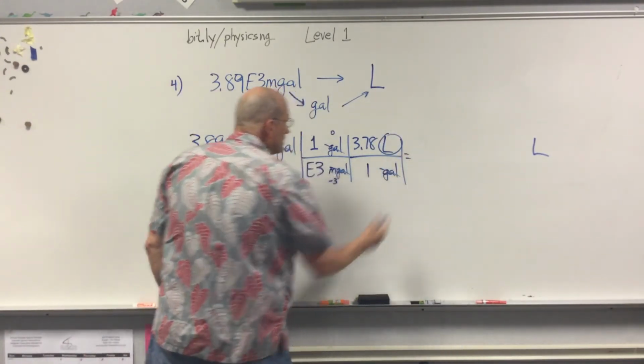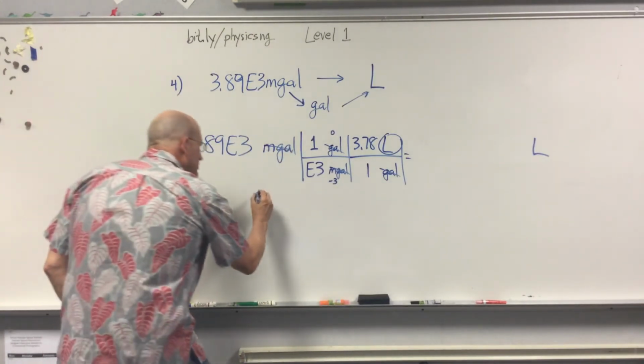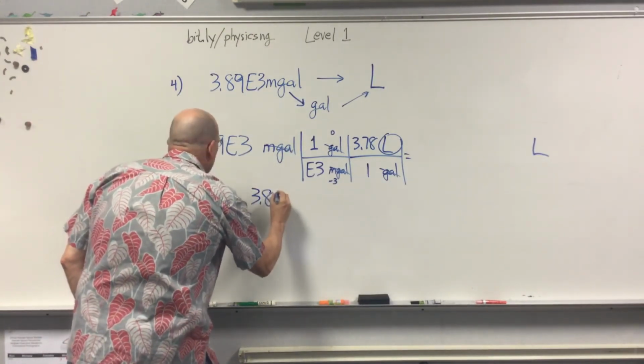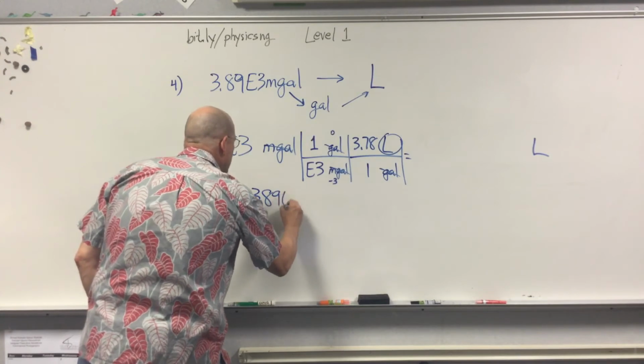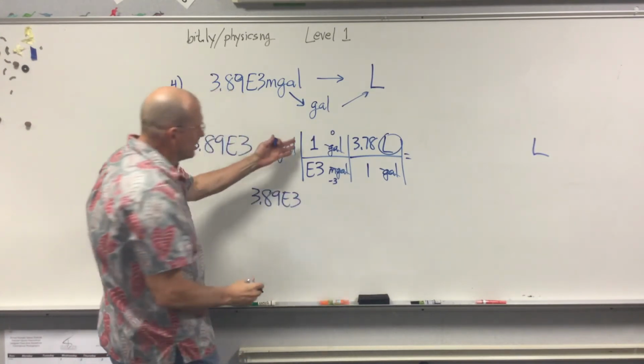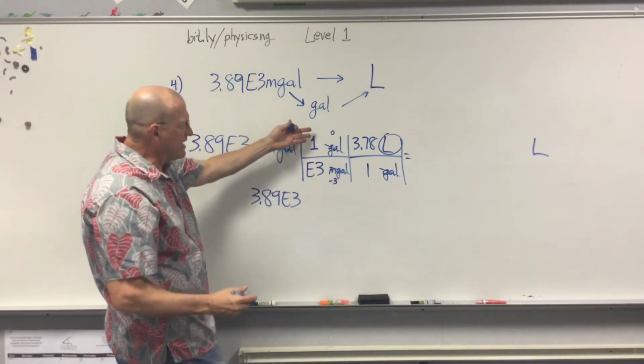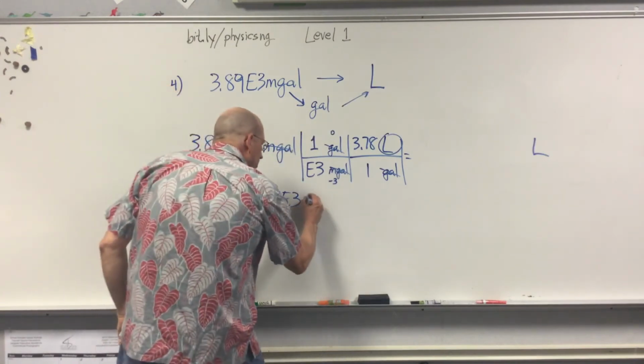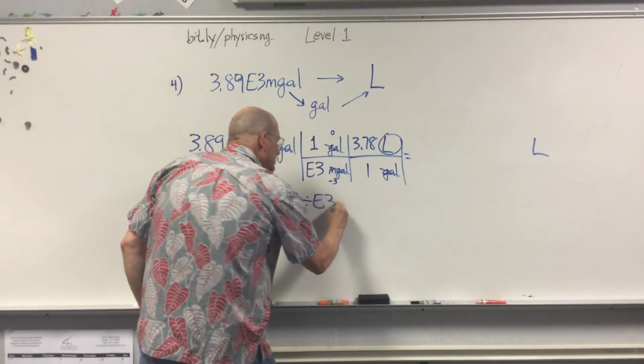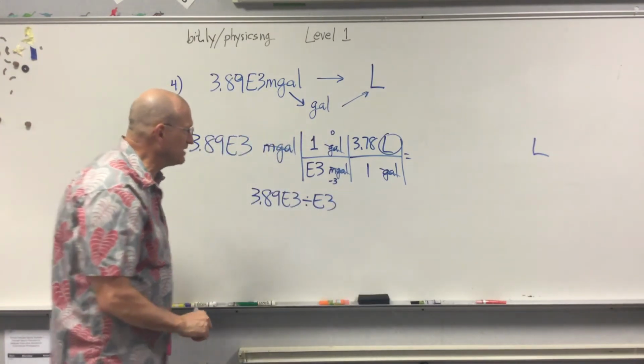So when we go back and look at the math that we're doing, we would start with 3.89 E3. When we look at the first magic H, we have 1 over a value. So that means mathematically we would be dividing by this.